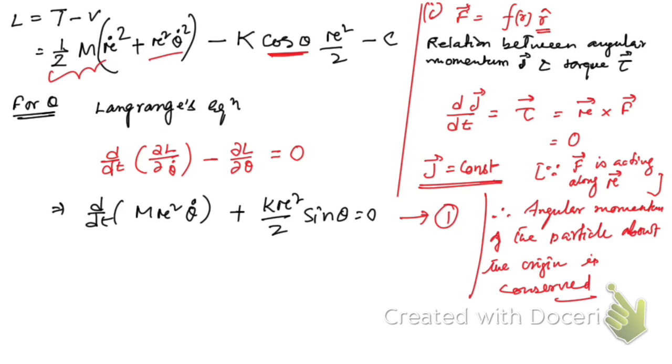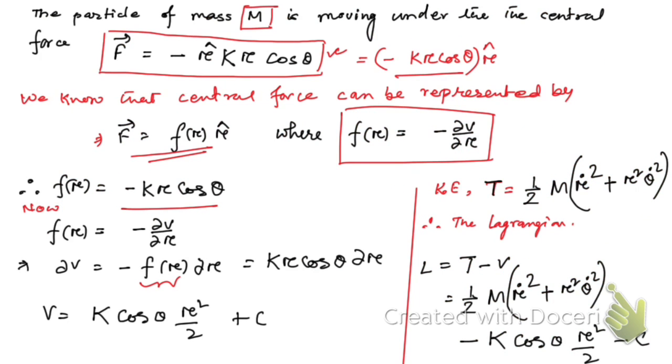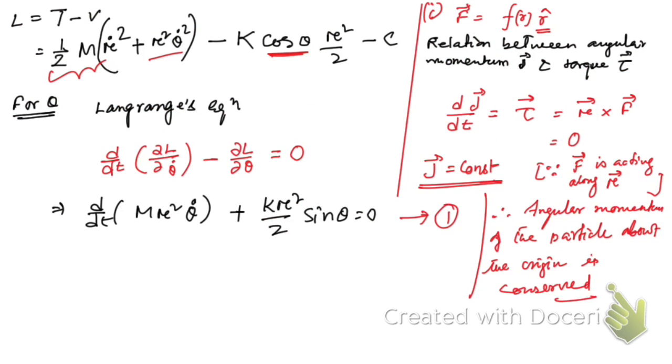Now let me continue here. Actually the second part of the question starts here. This is the expression for angular momentum, m r square theta dot, which is equal to J, and it is constant here, right?